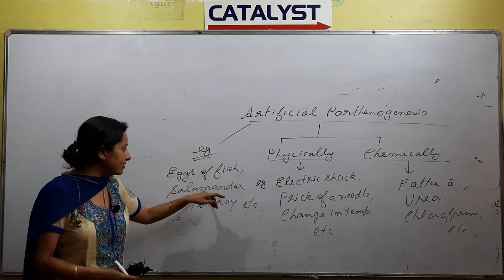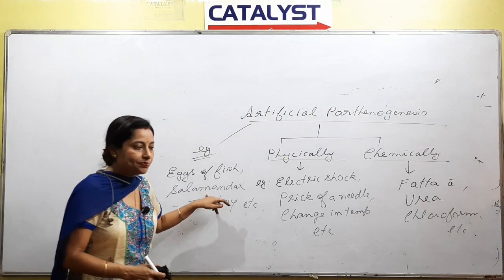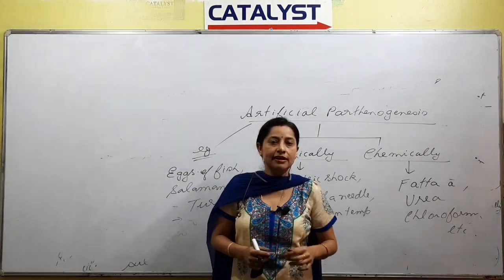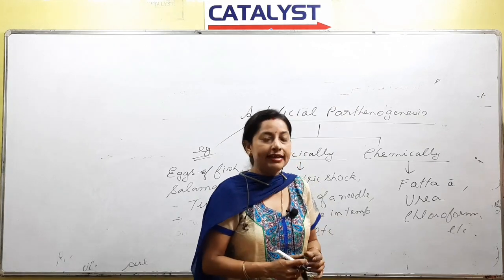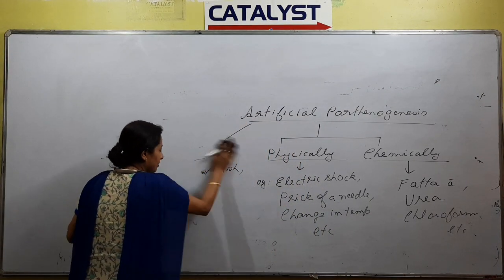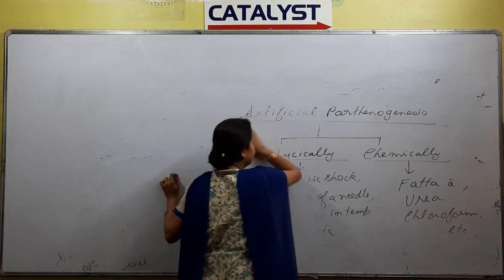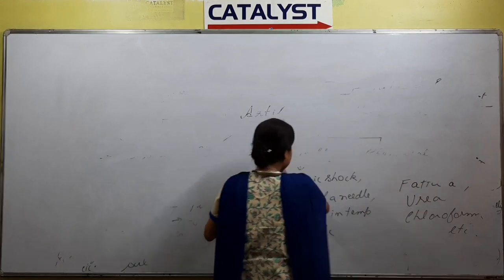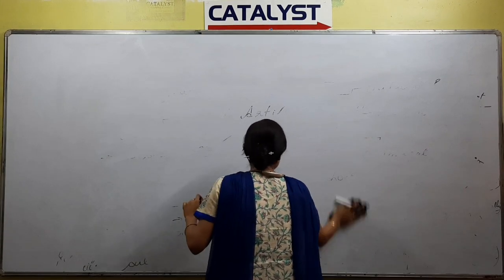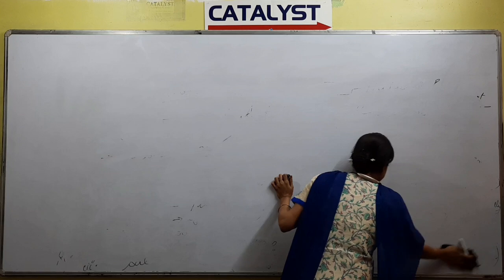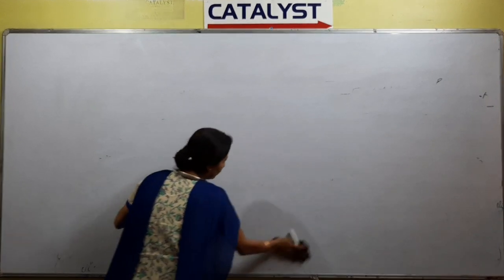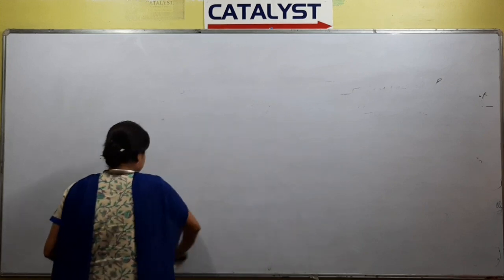Salamander is a lizard like animal. Artificially, if that result is seen, then that could also be an example, depending on whether it is successful or not.